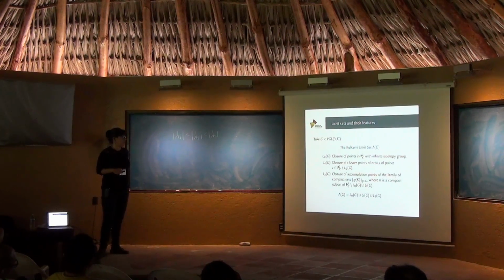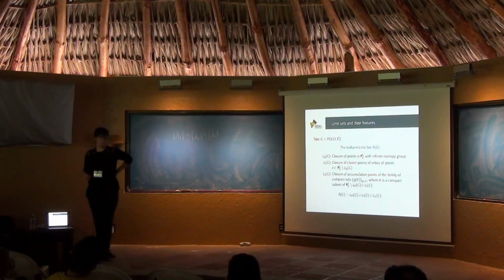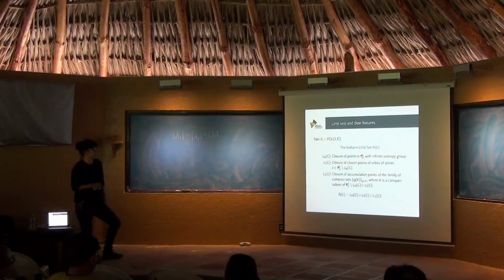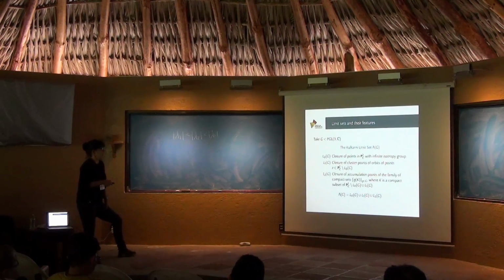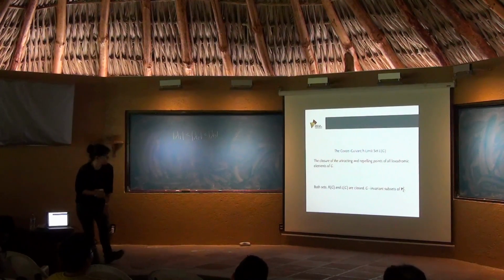It is the union of three sets, where L0 is the closure of points in P2C with infinite isotropy group. L1 is the closure of cluster points of orbits of points in the complement of L0, and L2 is the closure of the accumulation points of compact subsets, okay?